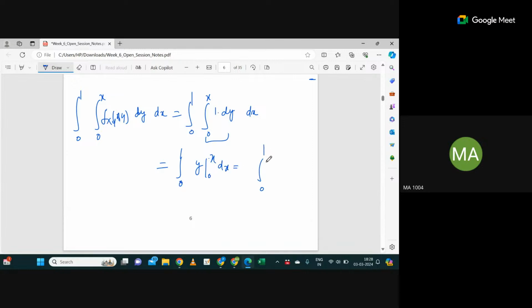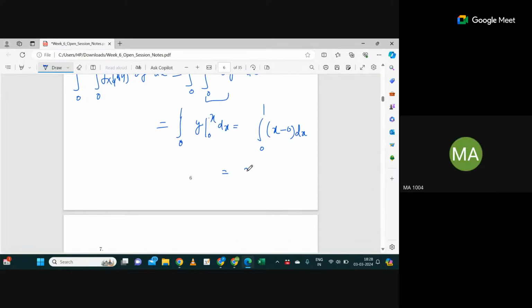So 0 to 1, then we have to put the limit. So it will be x minus 0, x minus 0 dx. So we'll get x from 0 to 1 dx. This is nothing but x square by 2, 0 to 1. If you put the value, half minus 0 is nothing but half. So anyway, we are getting the same answer.